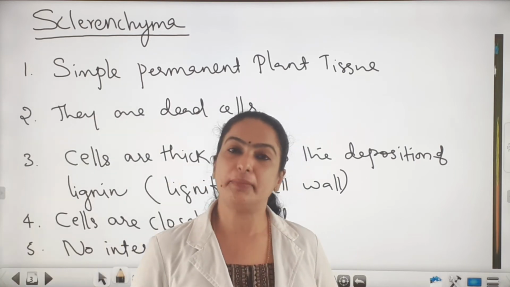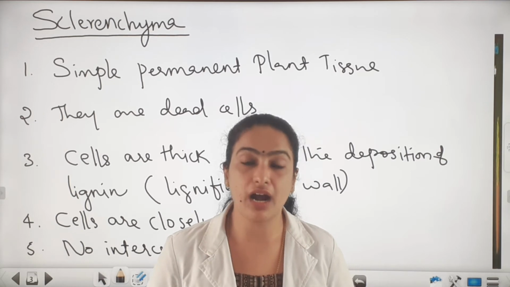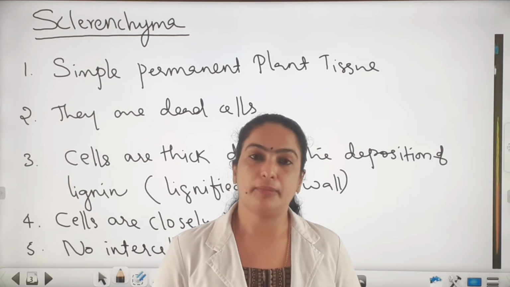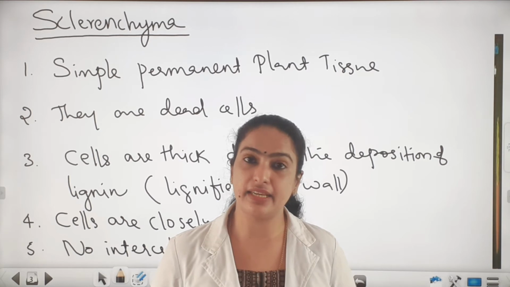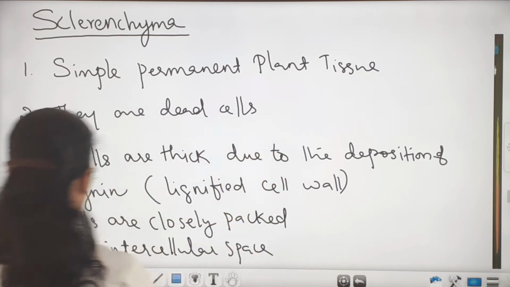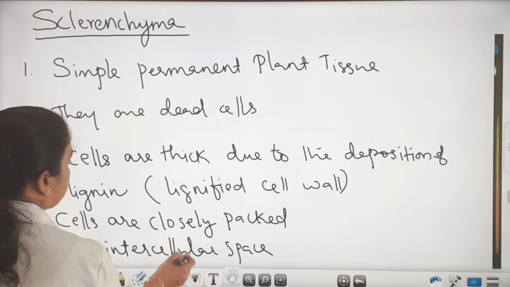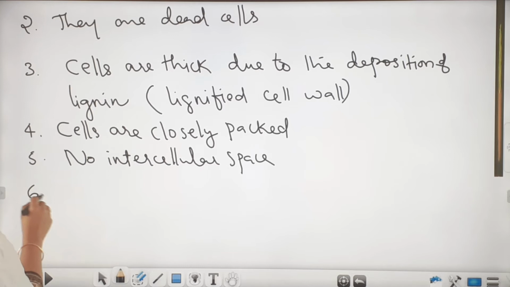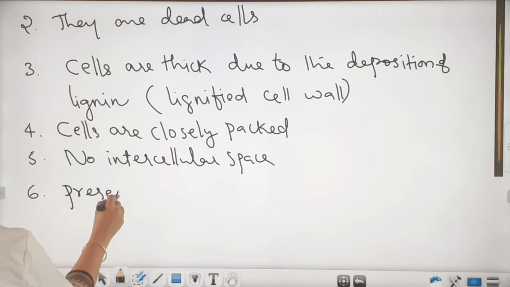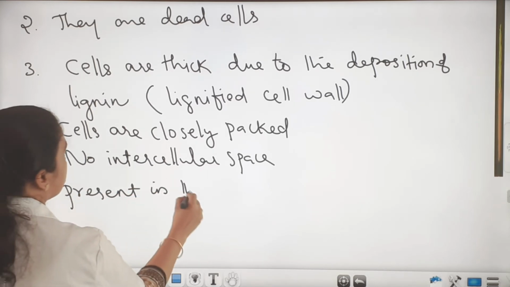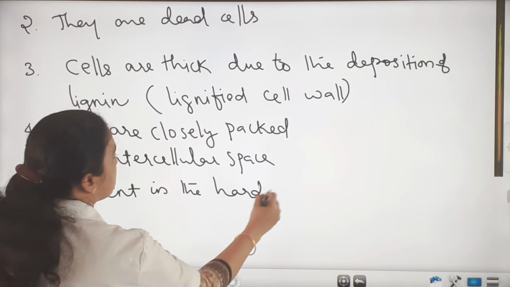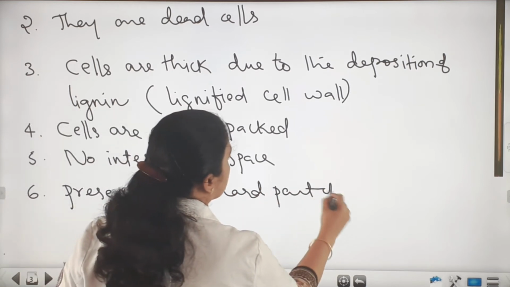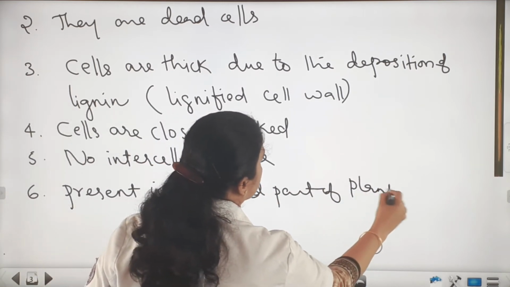Sclerenchyma cells can be seen in the hard part of the plant body. Hard part means seed, nuts, and the husk of coconut also. So we can write, present in the hard part of the plant body.